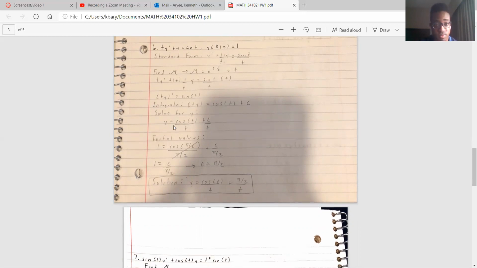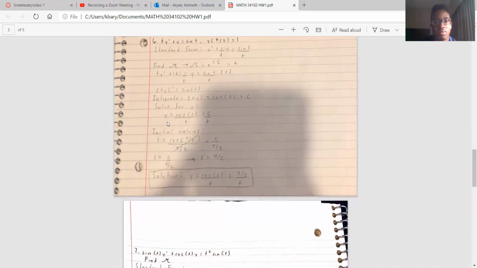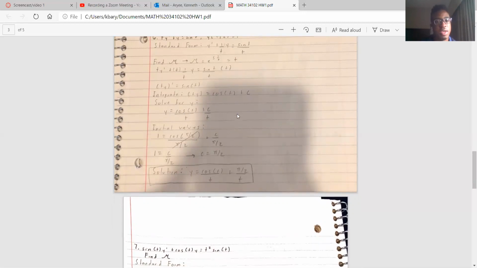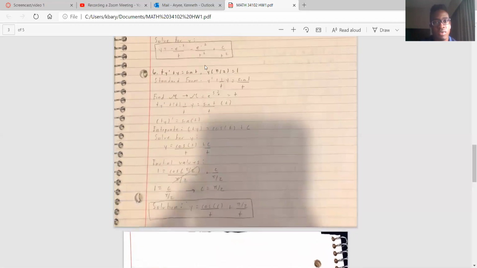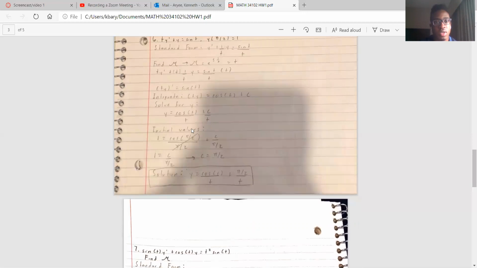And then after you solve for y, your final equation, or your general solution, is going to be y equals cosine of t over t plus c over t. And because there are initial values in number 6, you would plug in pi over 2 for t and plug in 1 for y in your general solution.